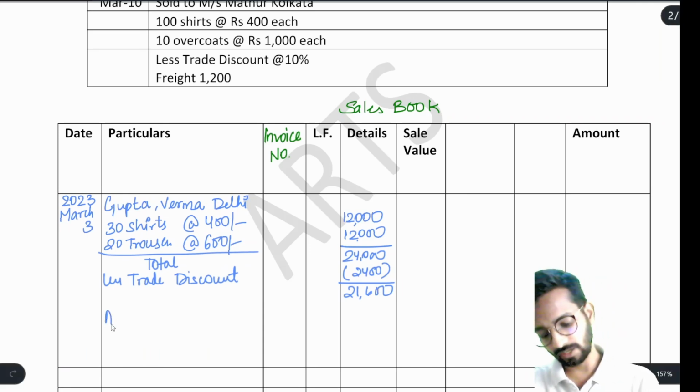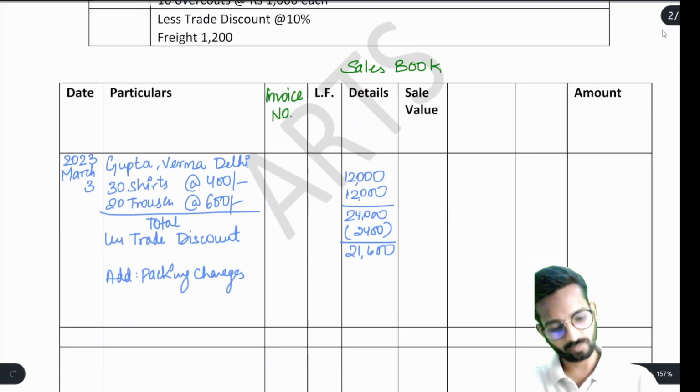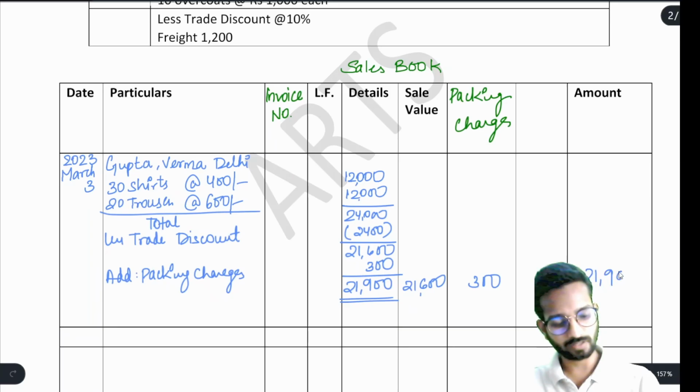Now after this we have to add packing charges 300 rupees. 21,900. Sales value we will write 21,600. Then we'll write in packing charges. Packing charges are 300. And we'll write here the total 21,900.